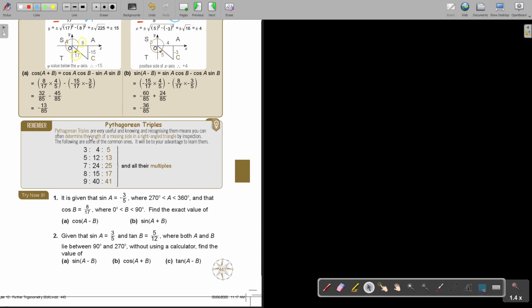Pythagorean triples are very useful, and knowing and recognizing them means you can determine the length of a missing side of a right-angled triangle by inspection. The following are some common ones. If you know the commons, you know the 3, 4, 5, the 5, 12, 13, the 7, 24, 25, 8, 15, 17, 9, 40, 41, and then the multiples.